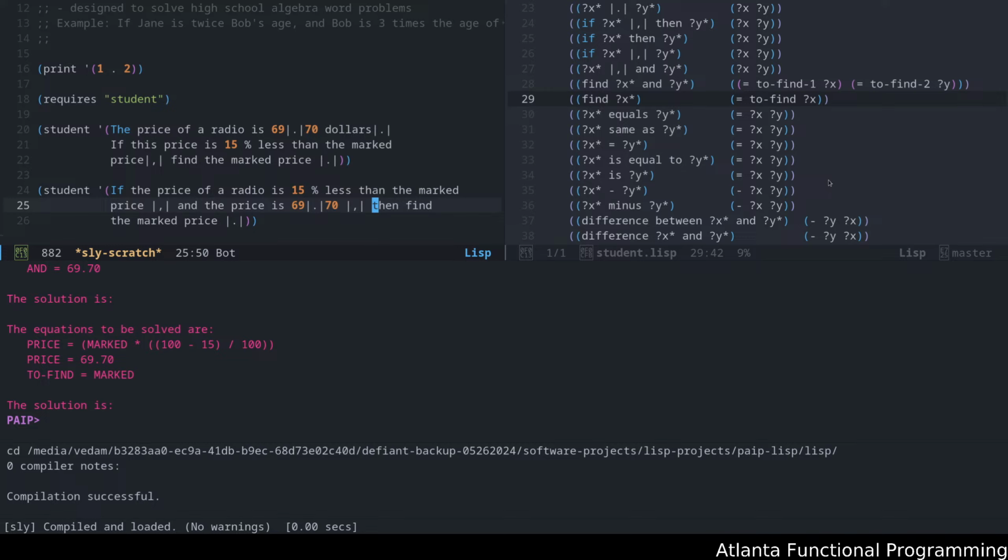So we need to update either the rules to account for this case, or we need to rewrite the problem in such a way that it can be understood by the student itself. A lot of these examples are going to be much the same way. This didn't actually solve it, so let's see if we could.